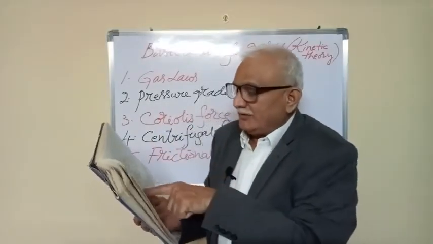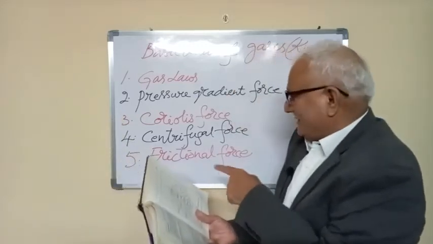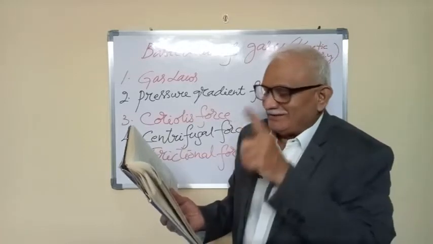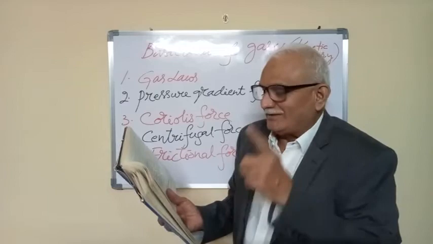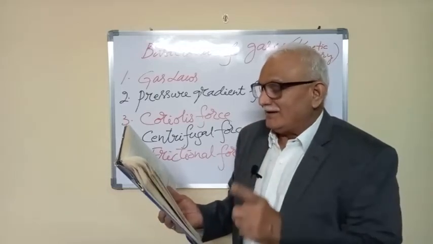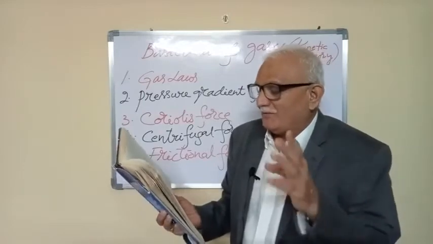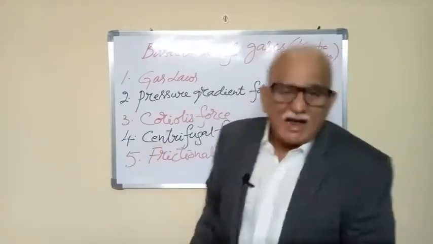This force reduces the wind velocity, it reduces the geostrophic wind. The other day I told you about the geostrophic wind. It reduces the geostrophic and centrifugal forces to give a resultant in the direction of the pressure gradient. The winds are turned towards low pressure and flow across the isobars at an angle of 15 degrees on sea and at 30 degrees on the land due to high friction.